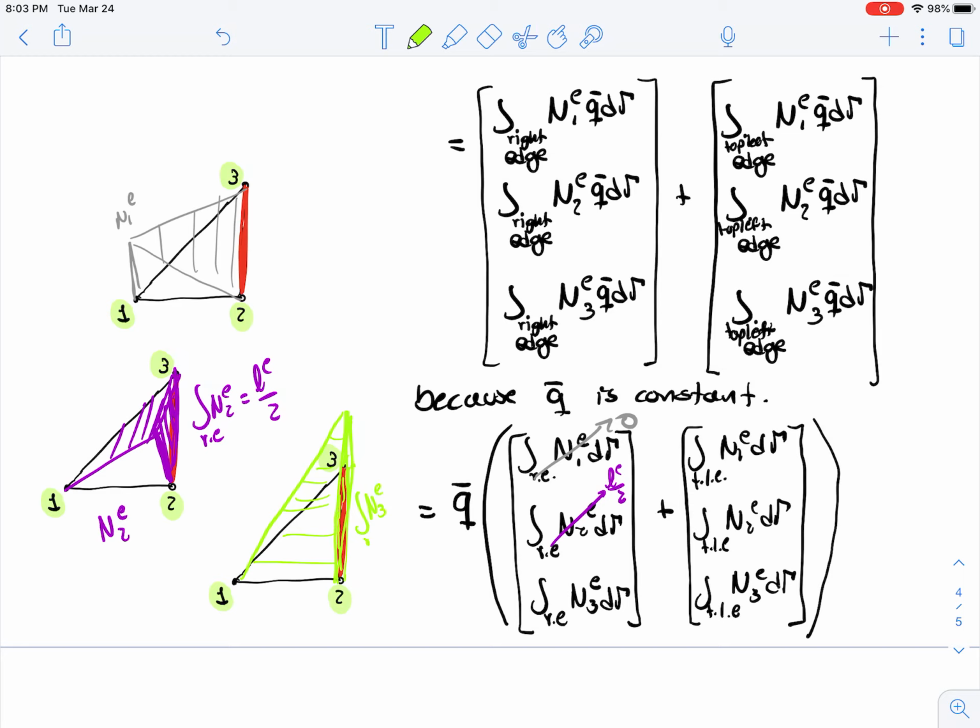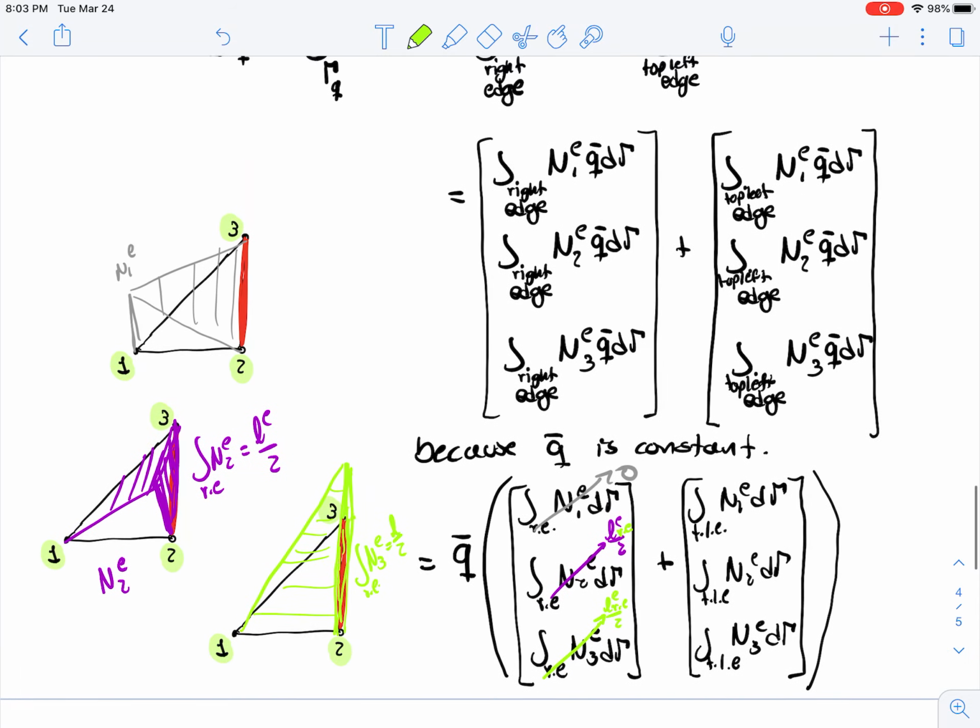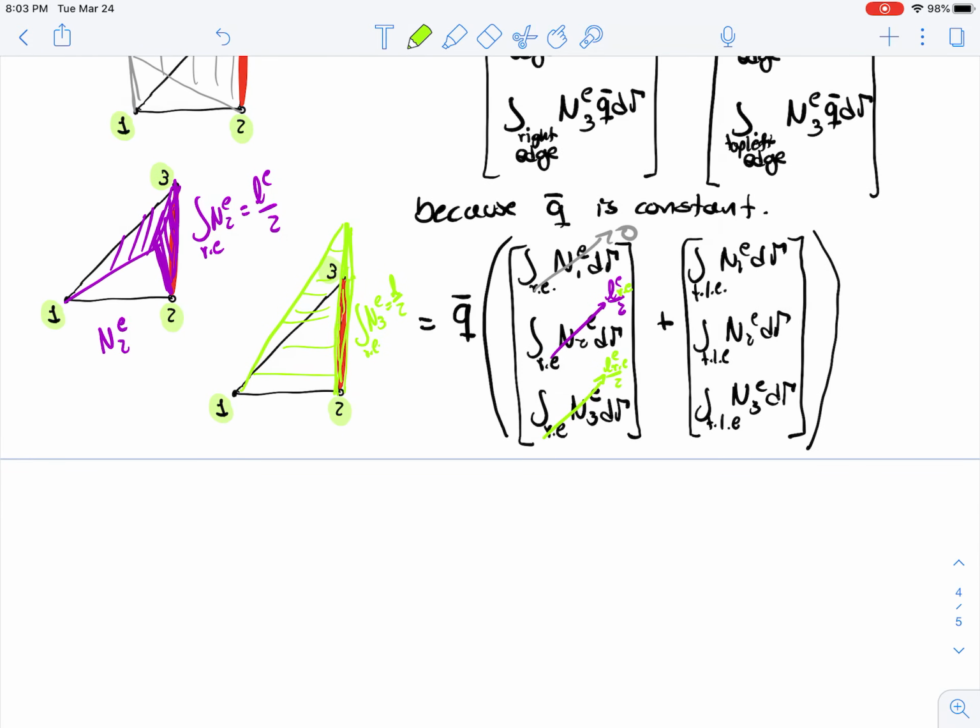So the integral of N3 over the right edge is just going to be the length of the edge over 2. So this one will be Q bar times 0, length of right edge over 2, length of right edge over 2.